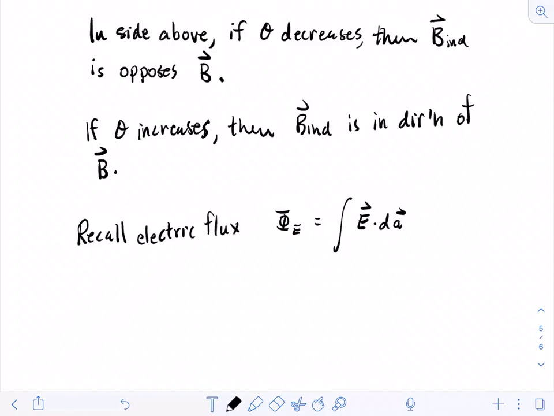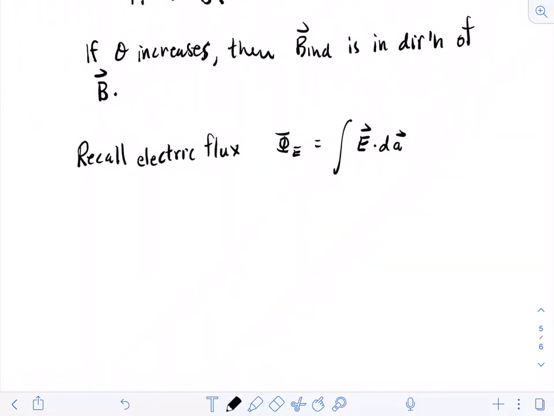So where did we use this? We used this in Gauss's law. Remember, Gauss's law said that the flux through a closed surface, so E dot dA for a complete closed surface, which we call the Gaussian surface, was equal to Q enclosed over epsilon naught.